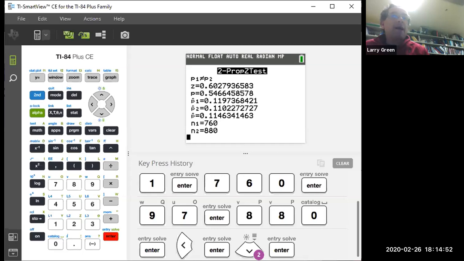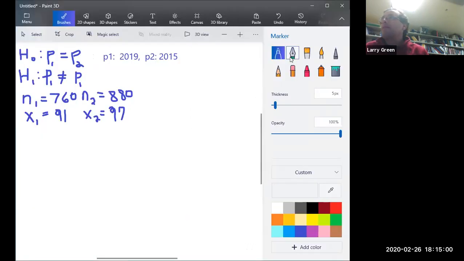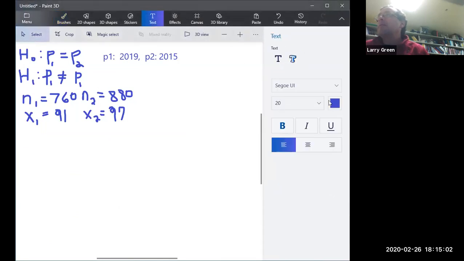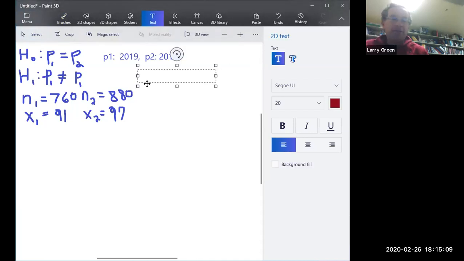So now I can go back and we can start interpreting what's going on here. So notice the p-value was equal to 0.55 about.